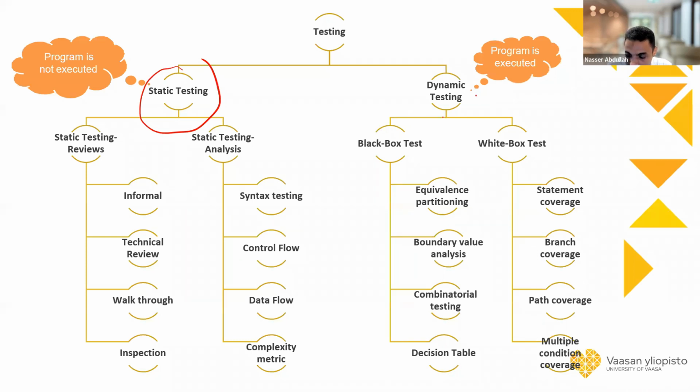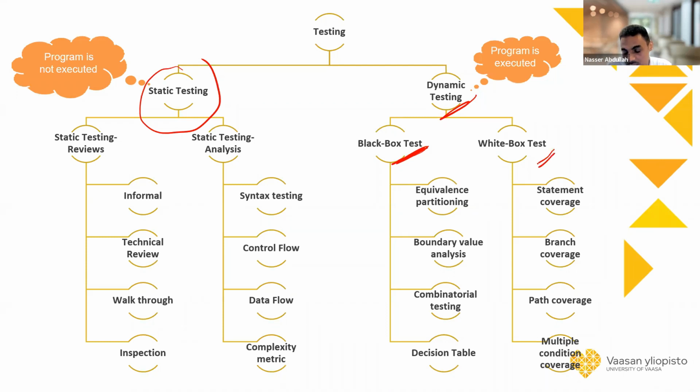The second part involves executing the code; we have to execute your system. This part is called dynamic testing, because during the execution we have two techniques under these methods. The first category is black box testing, and then white box testing.